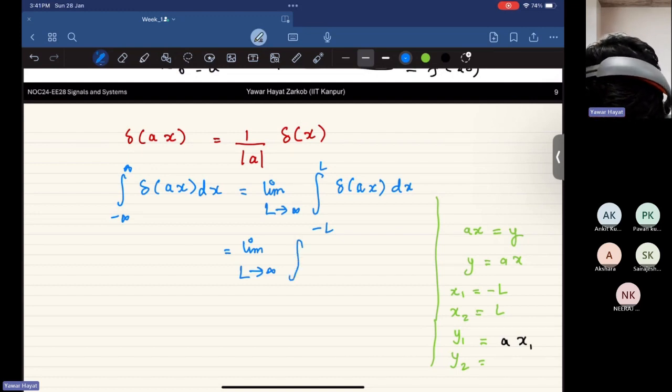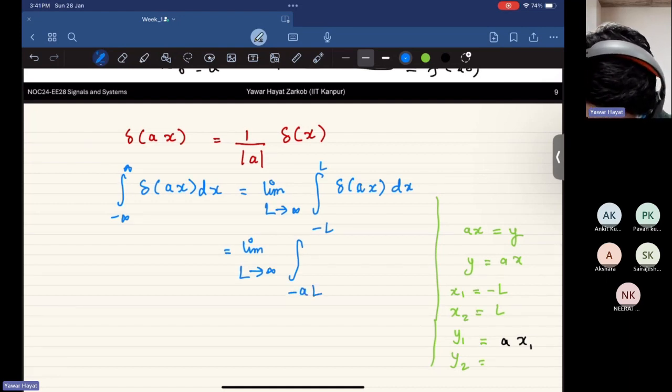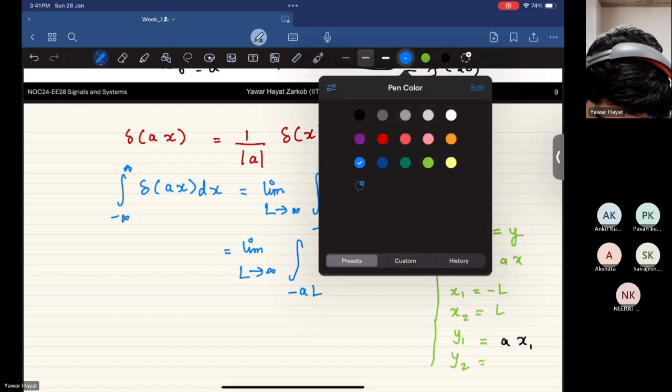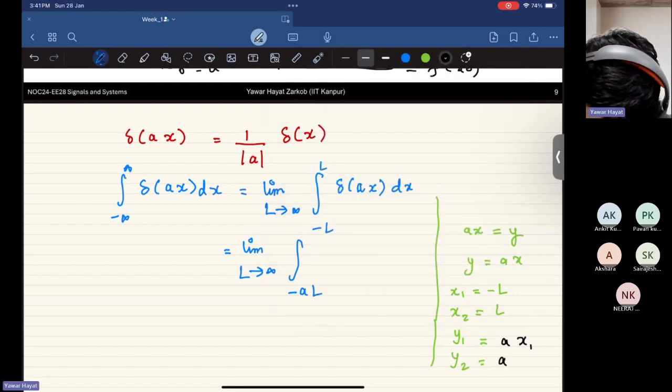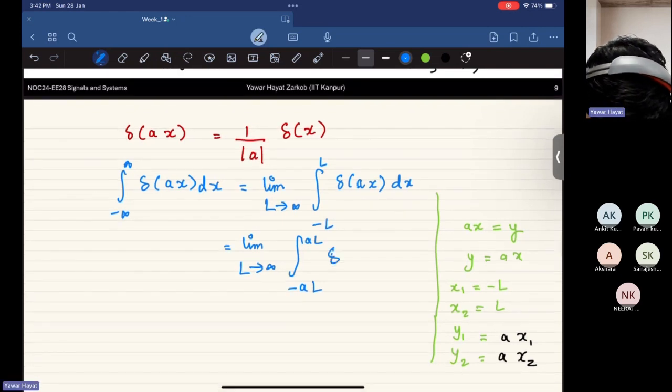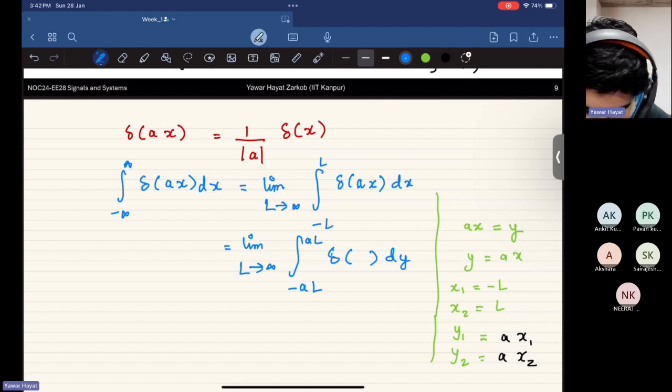These limits change. For this y1, it is a times x1, so it is minus AL, and for y2, it is a times x2. So this is a times L, where delta of ax is y, right?